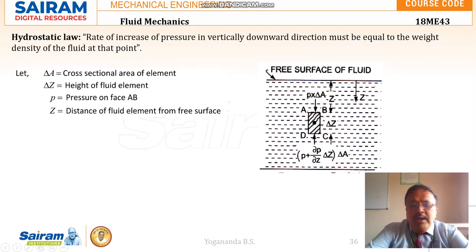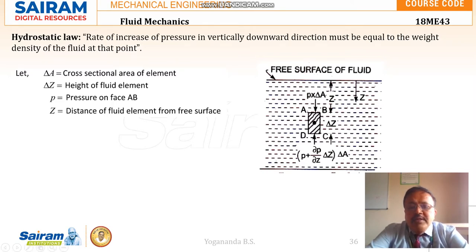We have an upward thrust by the surrounding fluid, so it is P plus del P by del Z into dz dA. Z is the distance of the fluid element. This fluid element under consideration is at a distance of Z from the free surface of the liquid.